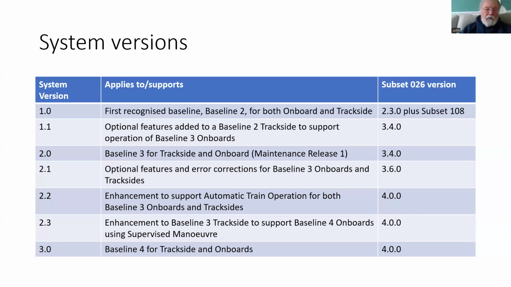And what's interesting with both 2.2 and 2.3 is the trackside now has to take consideration of the system version of the onboard it is communicating with and adjust its messages or how it interprets received messages in order to take account of the different baselines or releases of the onboard.